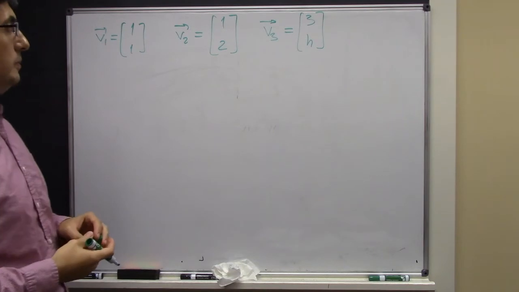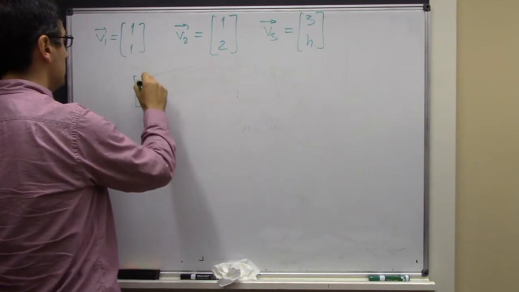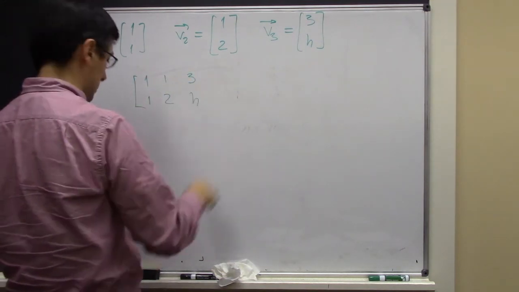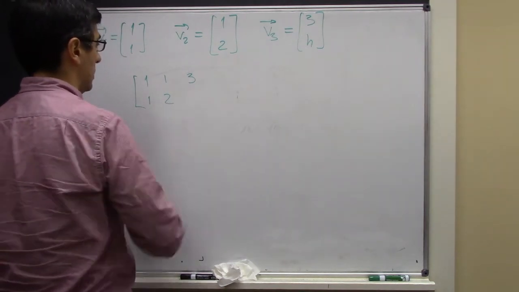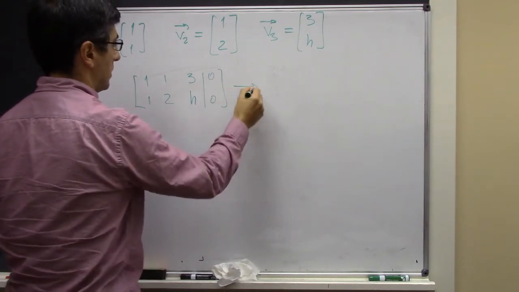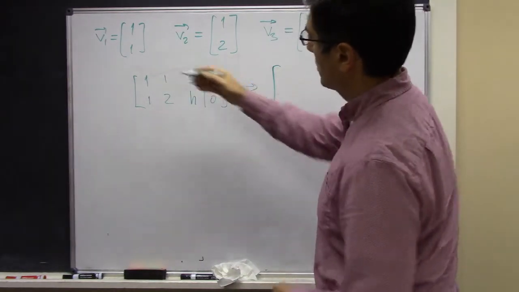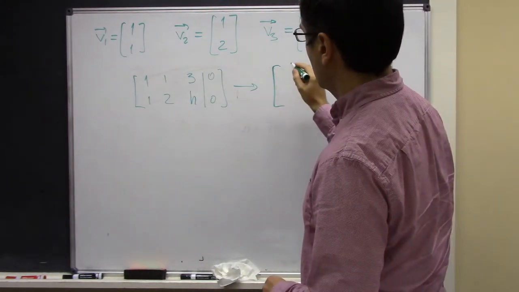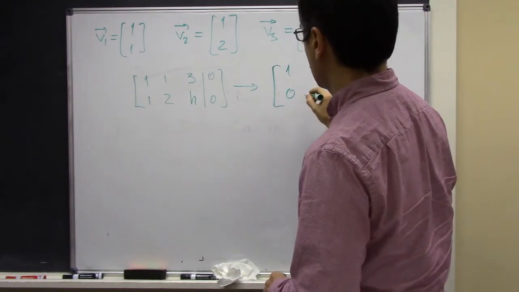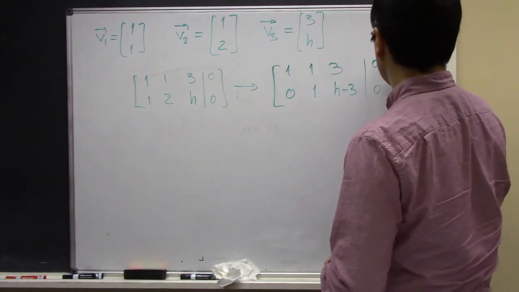Now, you can set up the matrix and do the same as in the previous example. If you bring this to echelon form, you just have to subtract the first row from the second row. You will get 1, 1, 3; 0, 1, h minus 3; 0, 0.